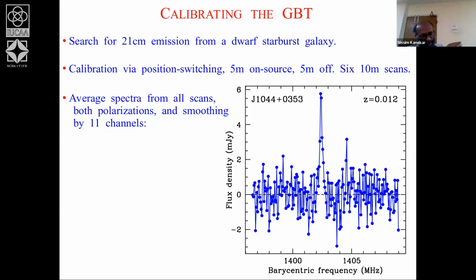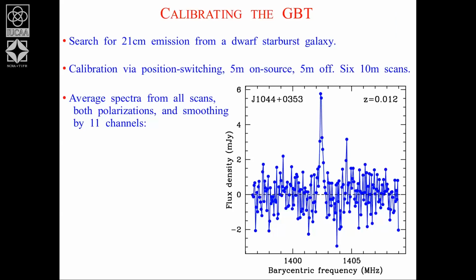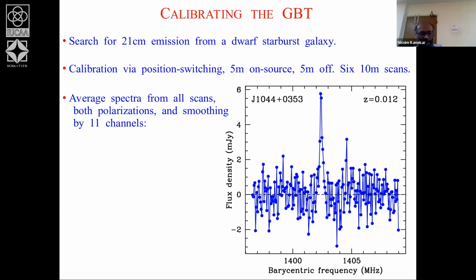While if you observe with a coarse resolution, then the RFI will affect all the channels. So what we did is that we observed a lot of channels, and then we smoothed the channels to come to this resolution at which we search for the line. We would like to have a spectral resolution such that we can see at least 2 points above the full width at half maximum, and here we can see about 4 points above the full width at half maximum.